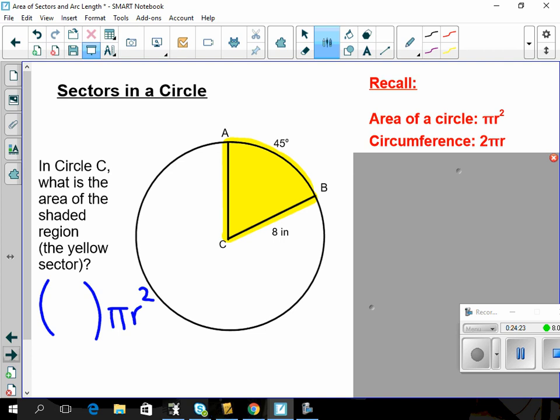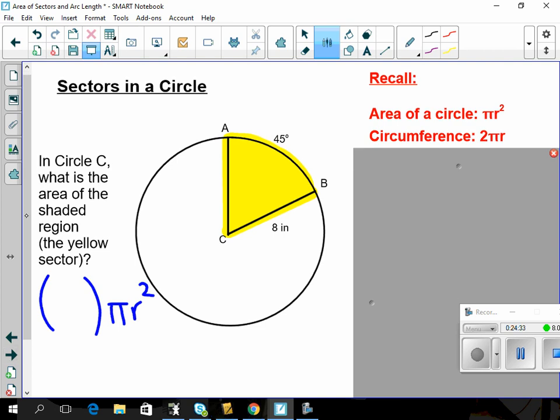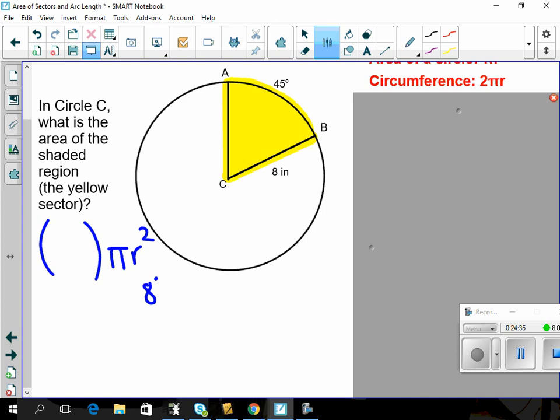Are we okay with what I mean? Part of the whole area. So what number can we fill in right now from the picture? The 8, right? We know the radius is 8. So I'm going to put 8 squared times pi. And I just have to figure out what the part is. Does that make sense? It's part of the whole area.